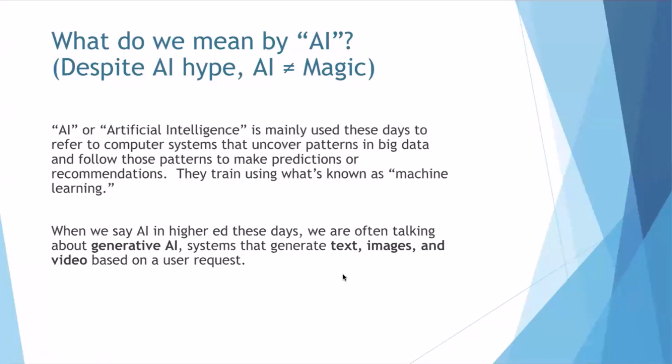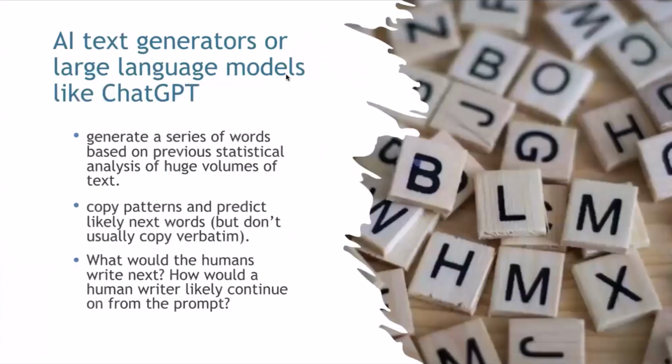And when we say AI in higher ed, we're often talking, especially pedagogically, about generative AI systems that can output text, images, and video. I'm sure you're familiar with ChatGPT as an example of an AI text generator or large language model.